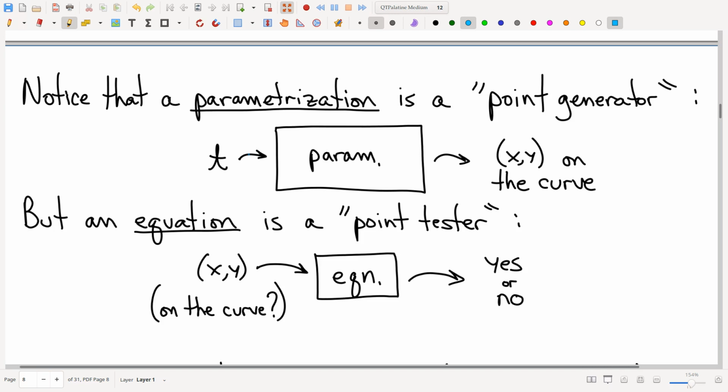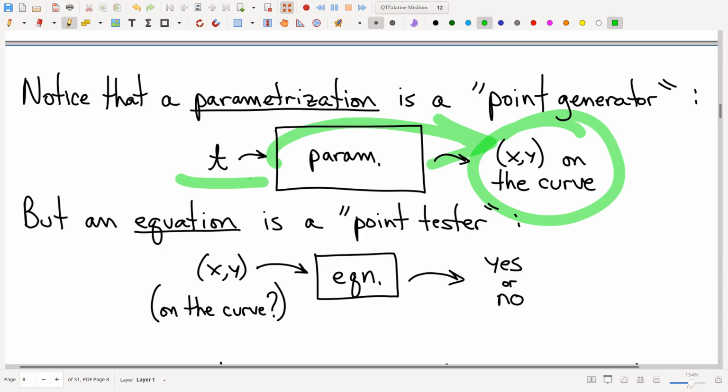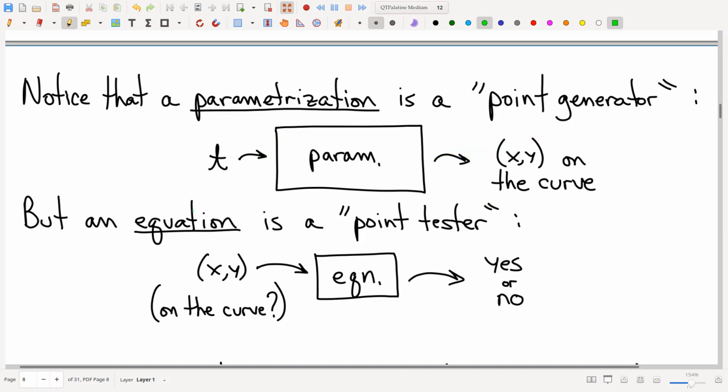So keeping in mind, parameterization is position as a function of time. Said differently, points on the curve are outputs from a parameterization. On the other hand, that is not how equations work. Equations take a point on the curve as input. You take a point that you think is on the curve, or hope is on the curve, or are wondering if it's on the curve, and you plug it into the equation, and you see if it works.